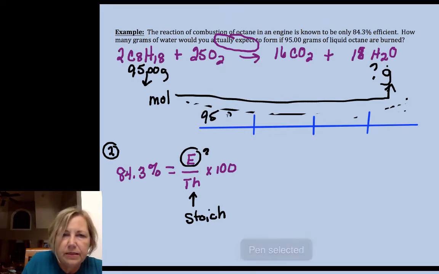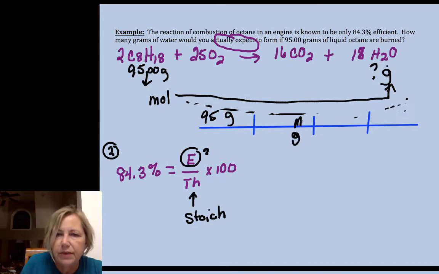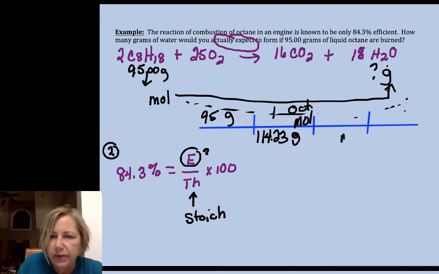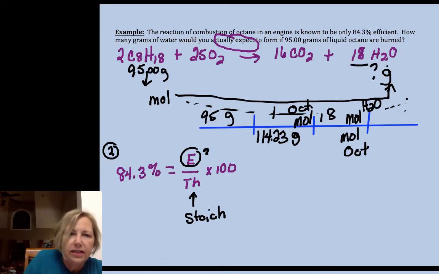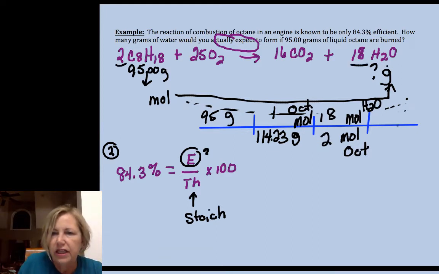95 grams. I'm going to be a little fast on this one because you know how to do this by now. Mass to moles, use molar mass of our octane. And then we want to get rid of moles of our octane and go to moles of water. There's an 18 in front of the water, there's a 2 in front of the octane.